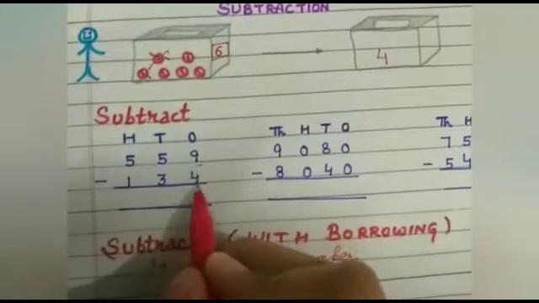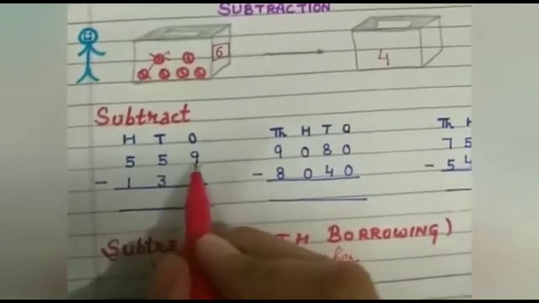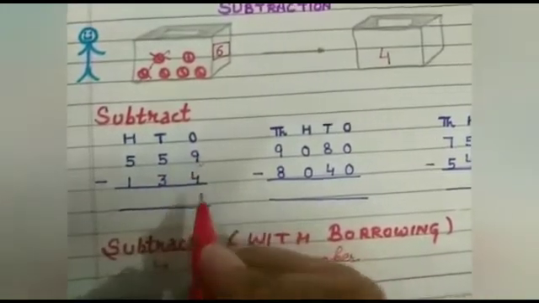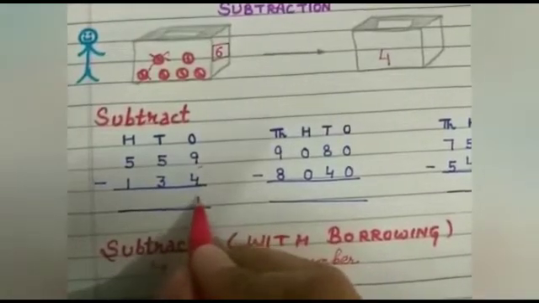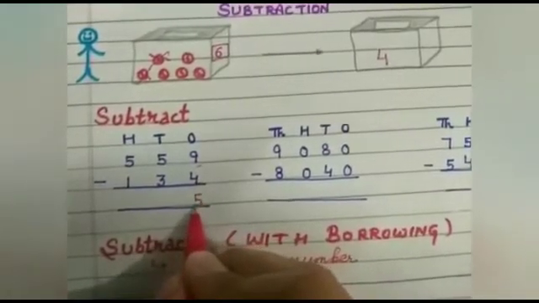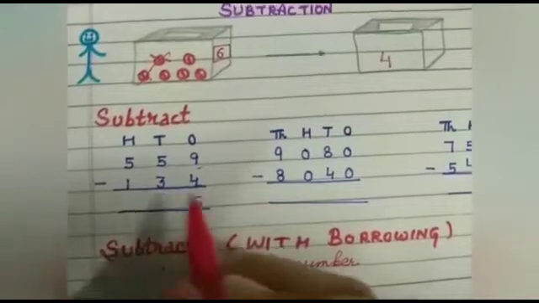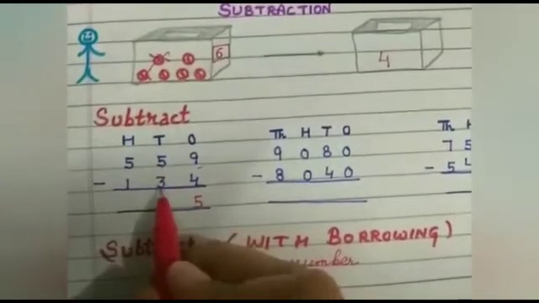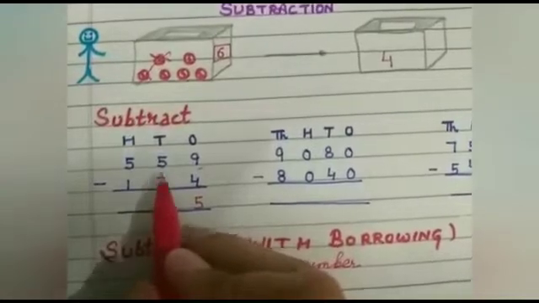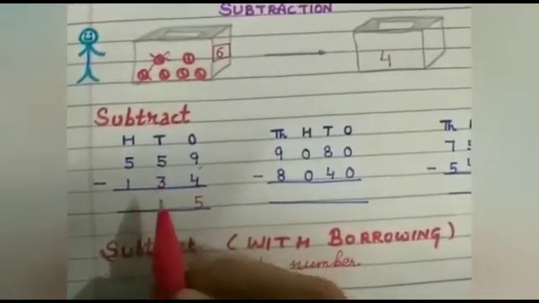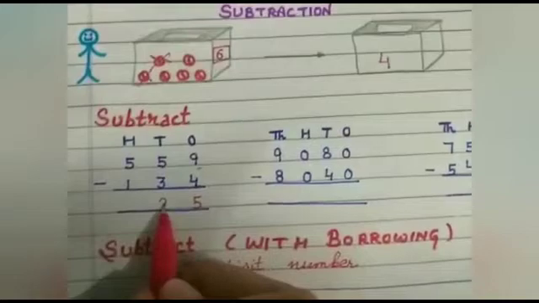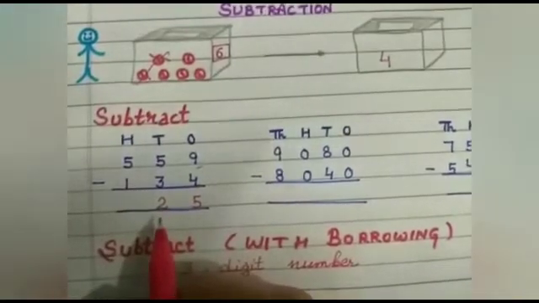9 minus 4. You have to subtract 4 from 9. So 9 minus 4 is 5. Then let's see, 5 and this one, 3. 3 is smaller, so we can subtract easily. 5 minus 3 is 2.